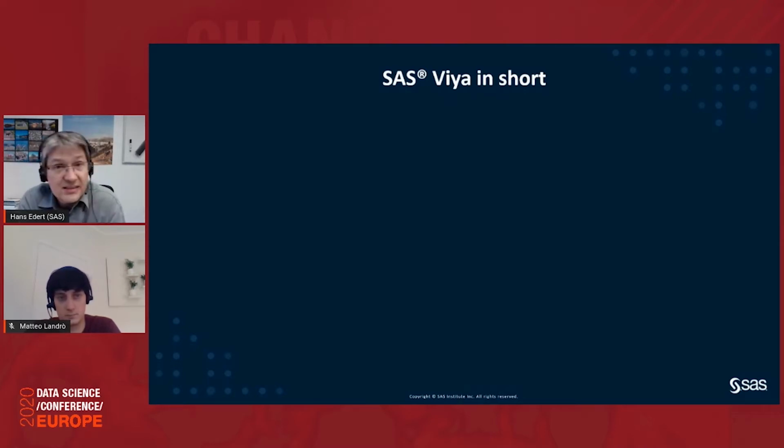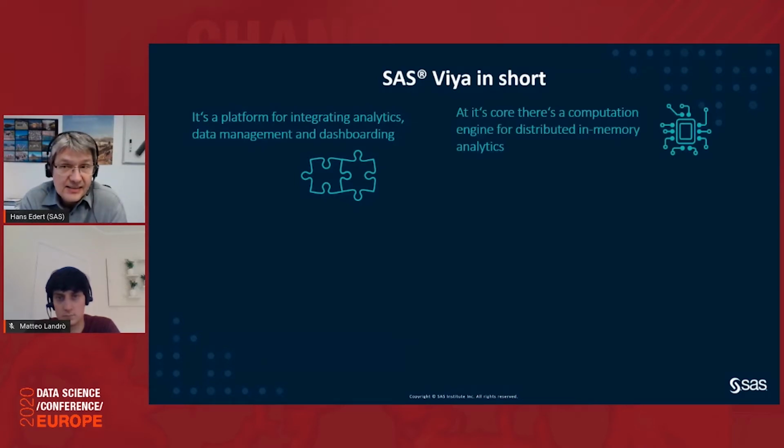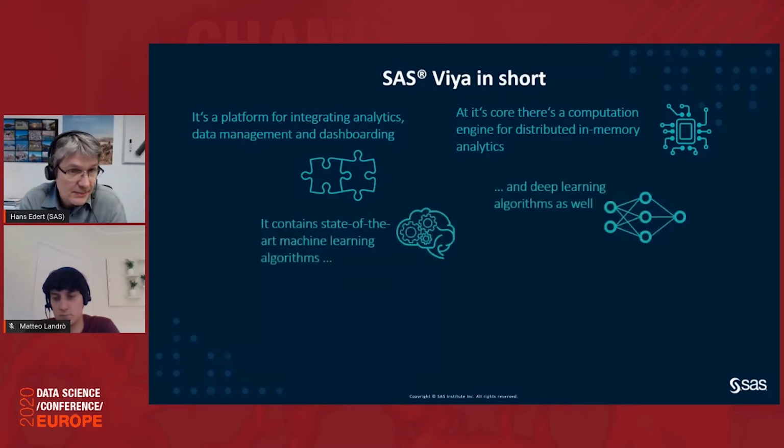So actually, what is this SAS Viya? To be short, it's a platform for integrating analytics and data management and dashboarding. It has a couple of computation engines built in. One of them is a distributed in-memory engine, which is very fast and capable of running in-memory analytics. We do have a lot of state-of-the-art machine learning and deep learning algorithms.